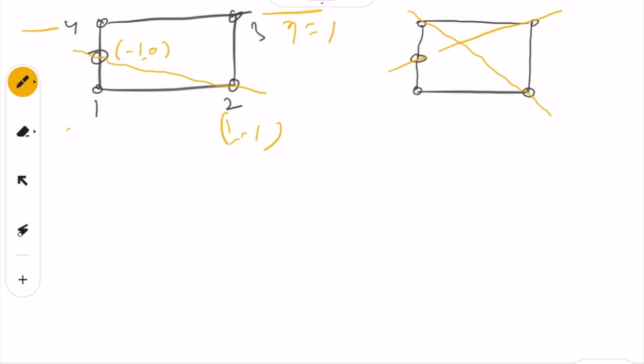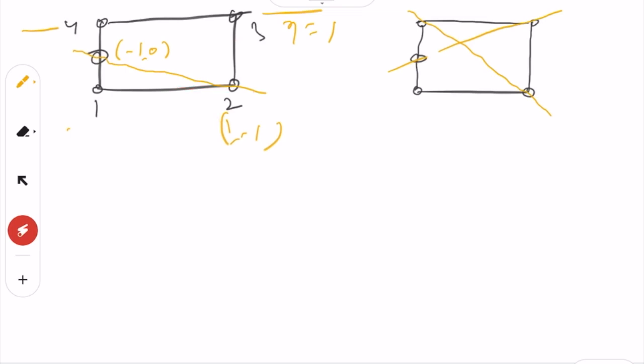We have this minus 1, 0, and this one is 1 and minus 1.